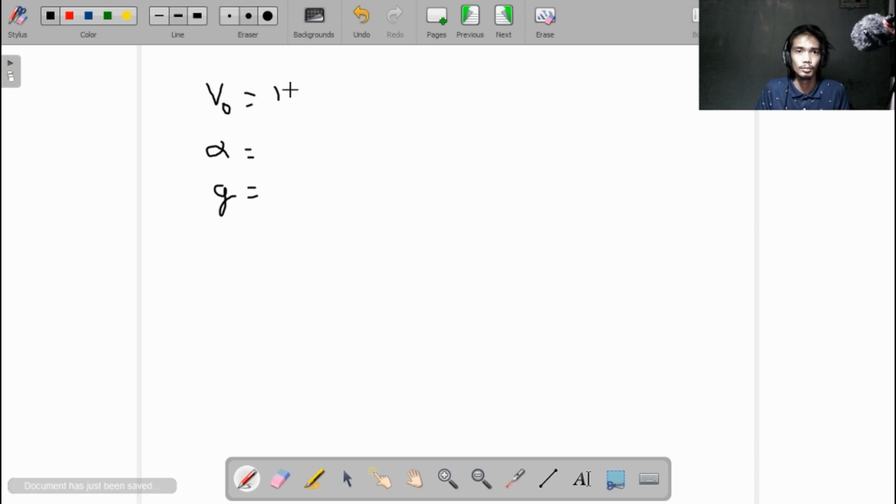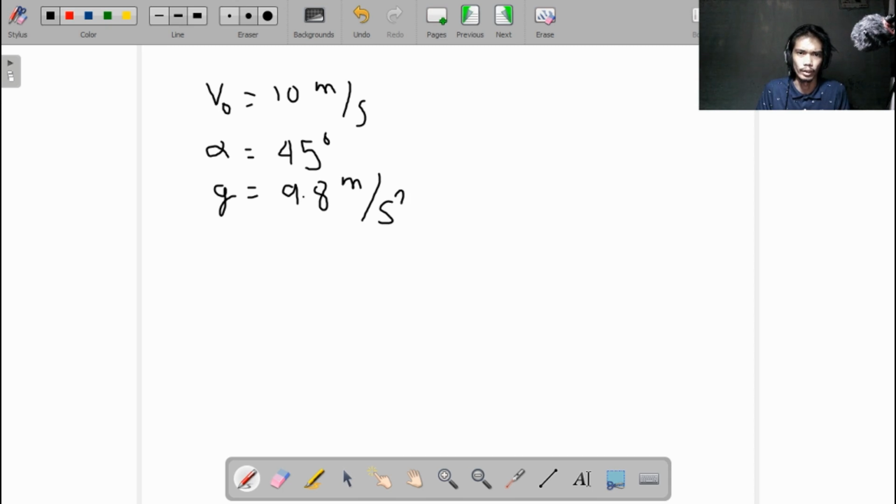Say that there's an object moving at 10 meters per second with an angle of alpha, and we are firing it here on Earth, of course. So 9.8 meters per second squared. So determine the trajectory of this object given these initial parameters.